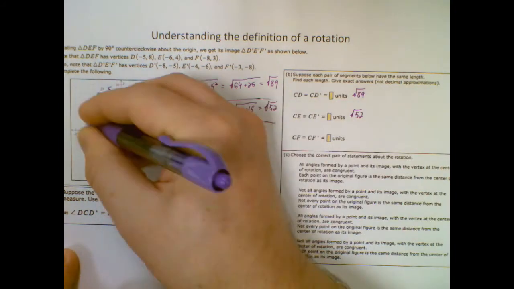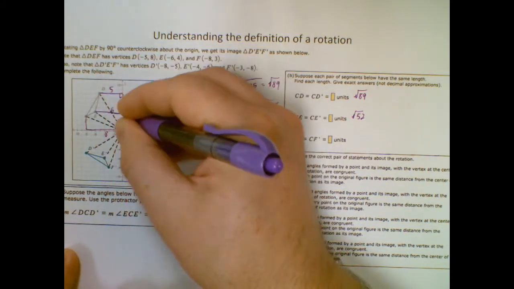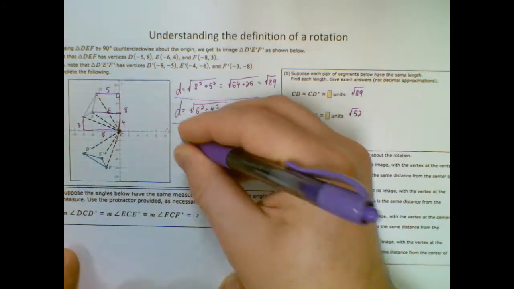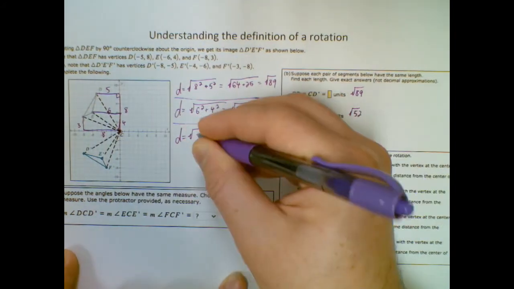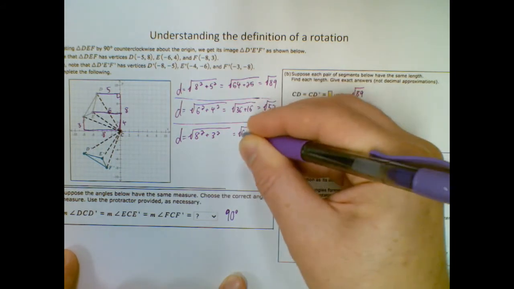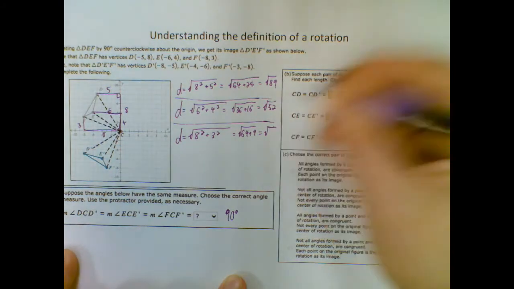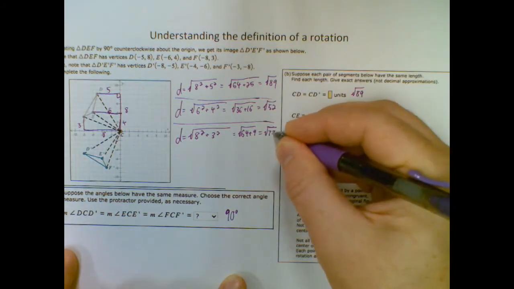And then my CF, it's going over 8 up 3. 8 squared plus 3 squared comes out to 64 plus 9, so 73.